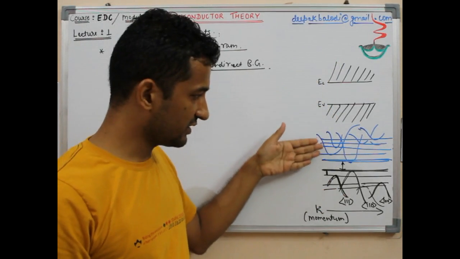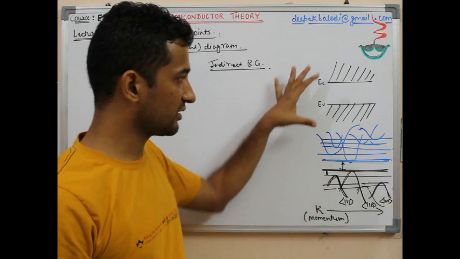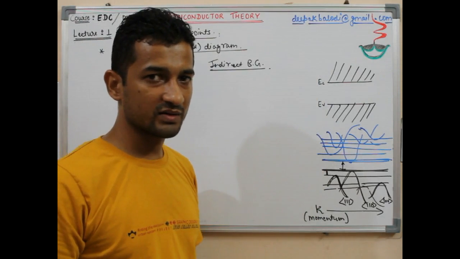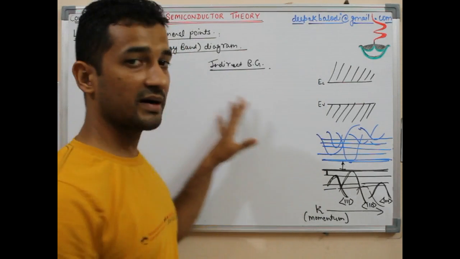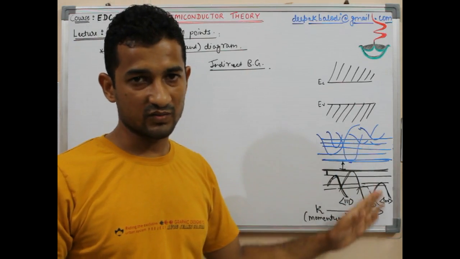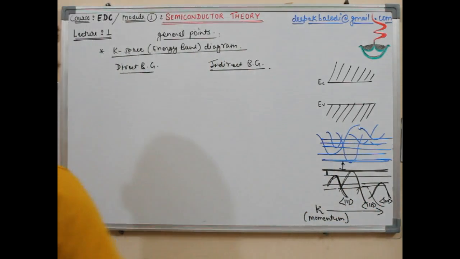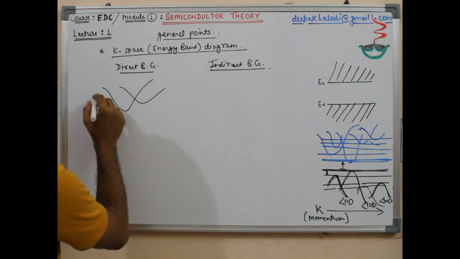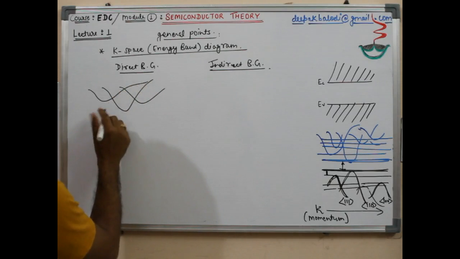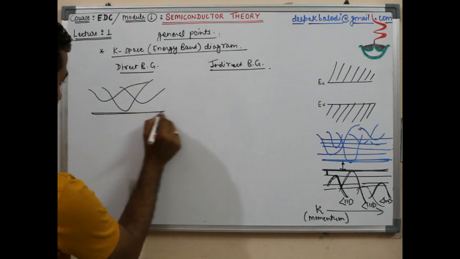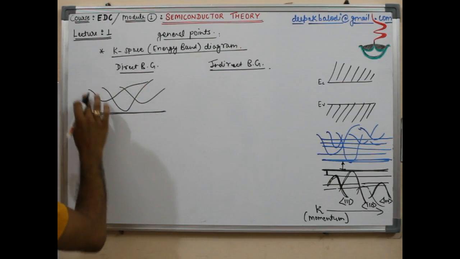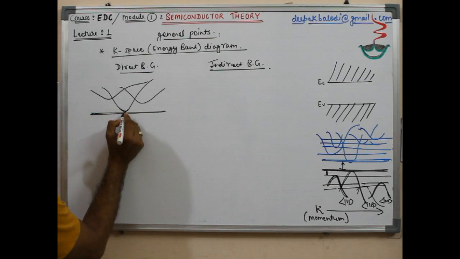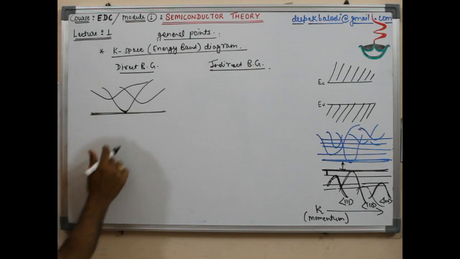Most of the time we need not have this much detail; only this much diagram or approximation is sufficient. But when we have to understand the direct and indirect band gap nature, then we need to understand this profile. So after this we can see what direct band gap means. Let's say this is the profile of some material where this is the lowest valley in the conduction band.